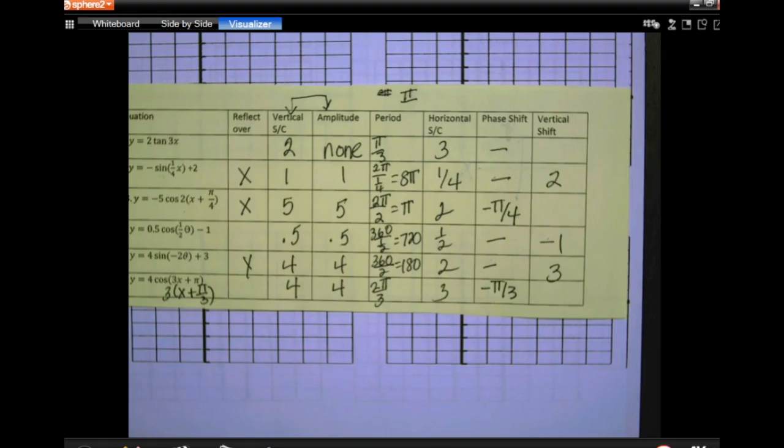If you have to mess up, let's mess up on the quiz, but now you know how to do it. There's a chart just like this on your test that you're going to have to do. I moved the test to Tuesday. I don't like testing on Monday, so we're testing on Tuesday.